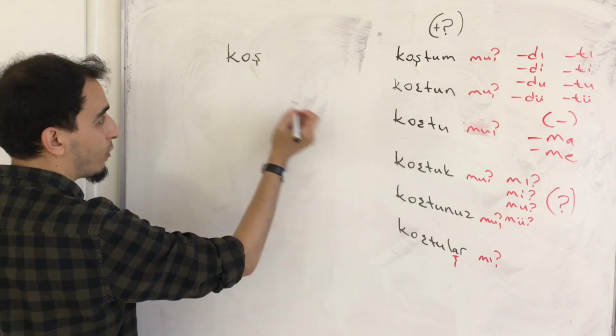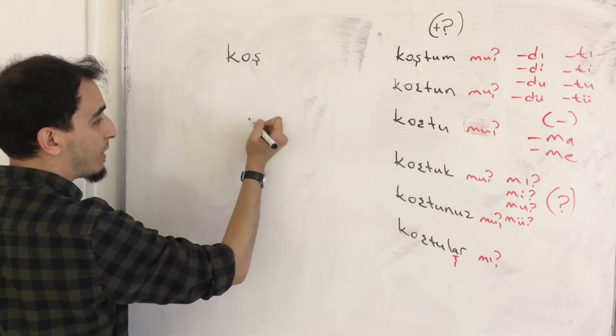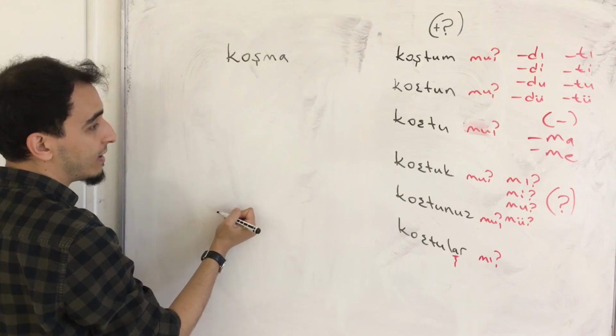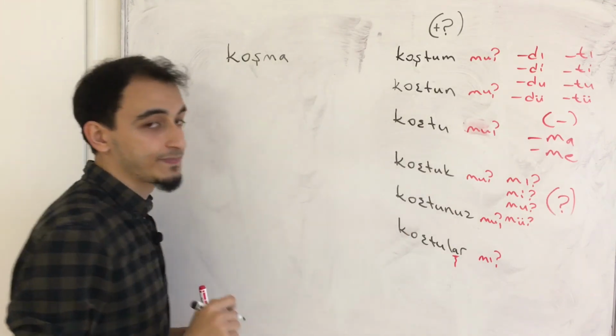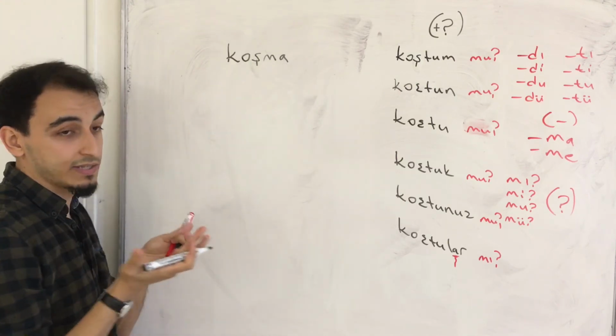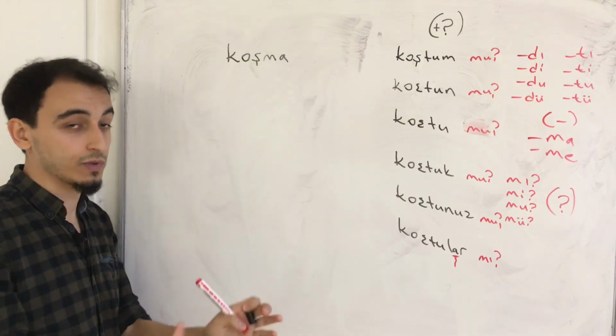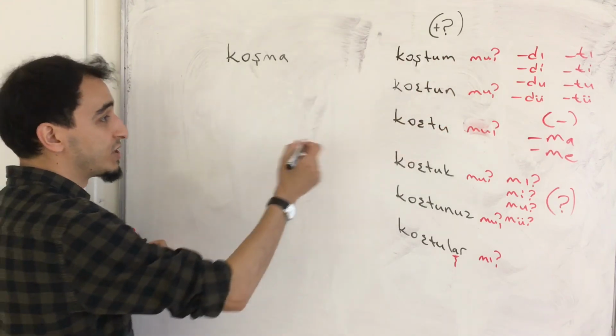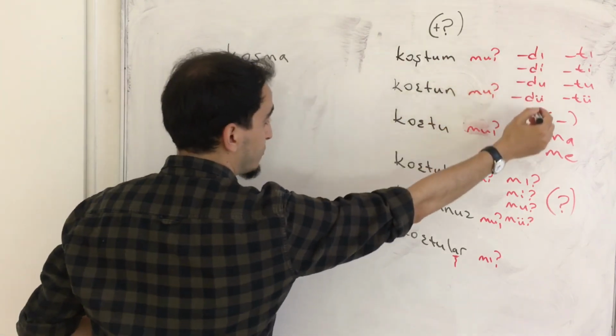Which one? Me or ma? Remember vowel harmony? Yes. Koşma. Which one? It ends in a. And a is a vowel. So we have to pick the soft one, which is the da, di, du form.